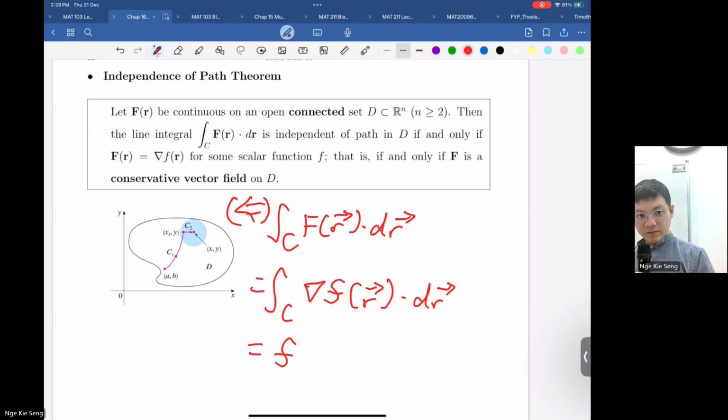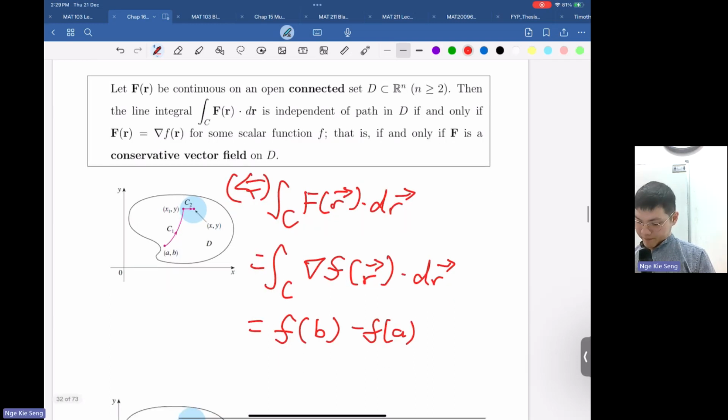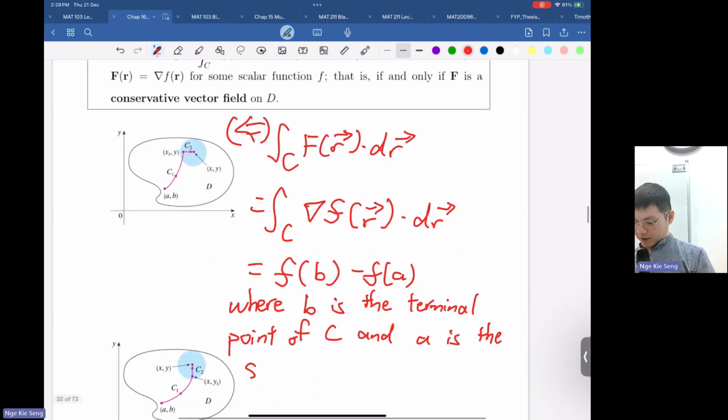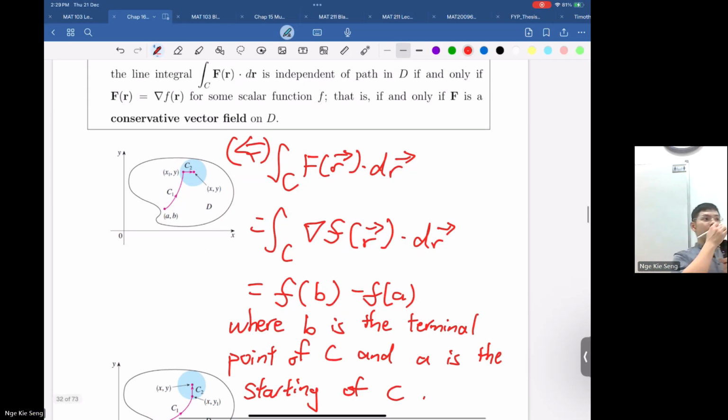Let's call them B and A, where B is the terminal point of C and A is the starting point of C. So by the fundamental theorem for line integral, we don't need to care about the parametrization of C. It's just the difference between the value at the end point and the starting point. This is one direction.